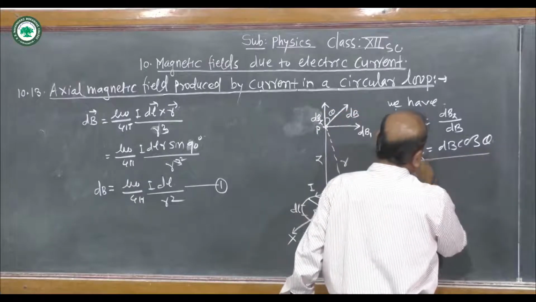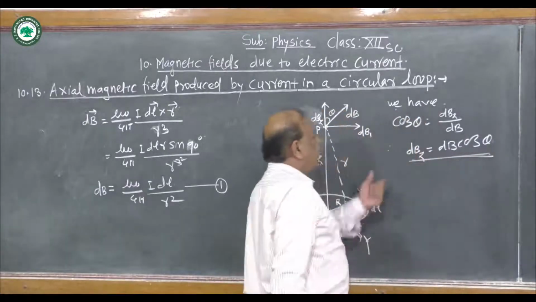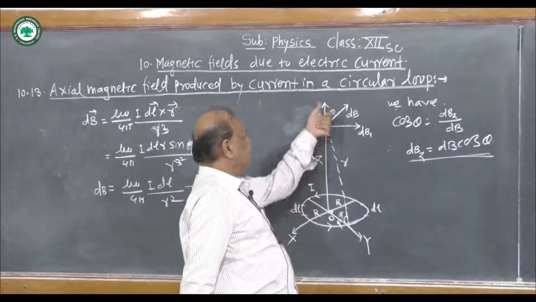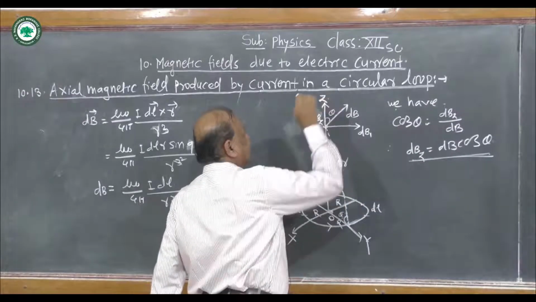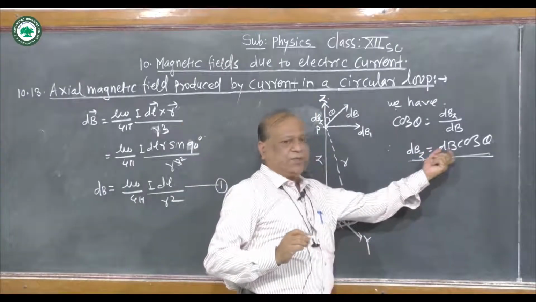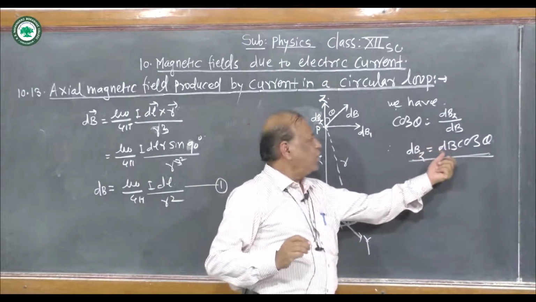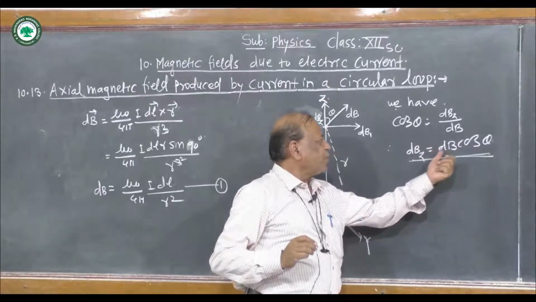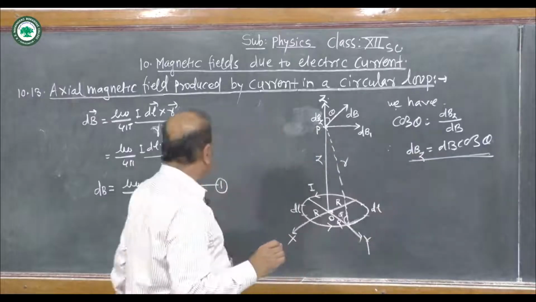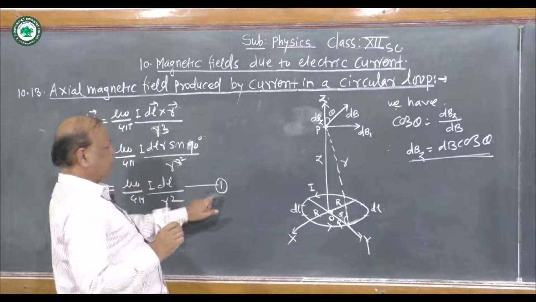Now we have to find the magnetic field along the axis, that is, along this z axis. From the Biot-Savart law we already obtained the equation for the magnetic field dB, which is equation 1.